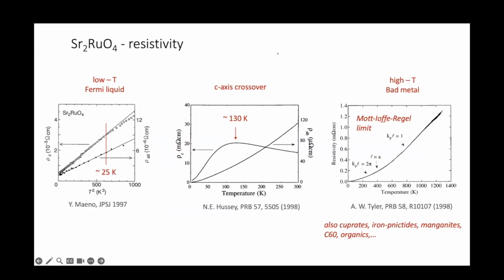Not at the beginning, I think it's late. I think it's at the end of your talk that you showed the experimental data, that even at high temperatures, it seems either the scattering rate, h bar over tau, looks like a quadratic. Is that correct?